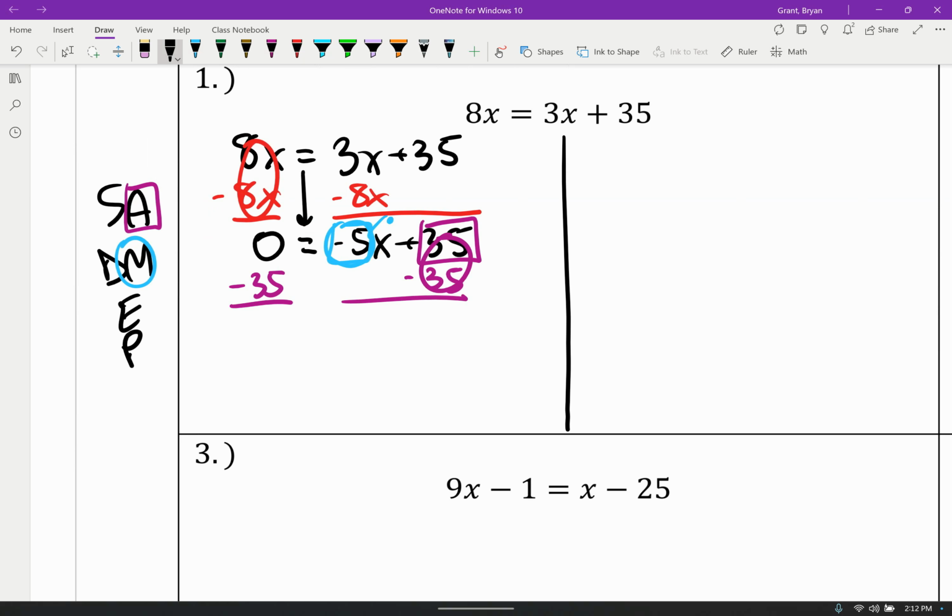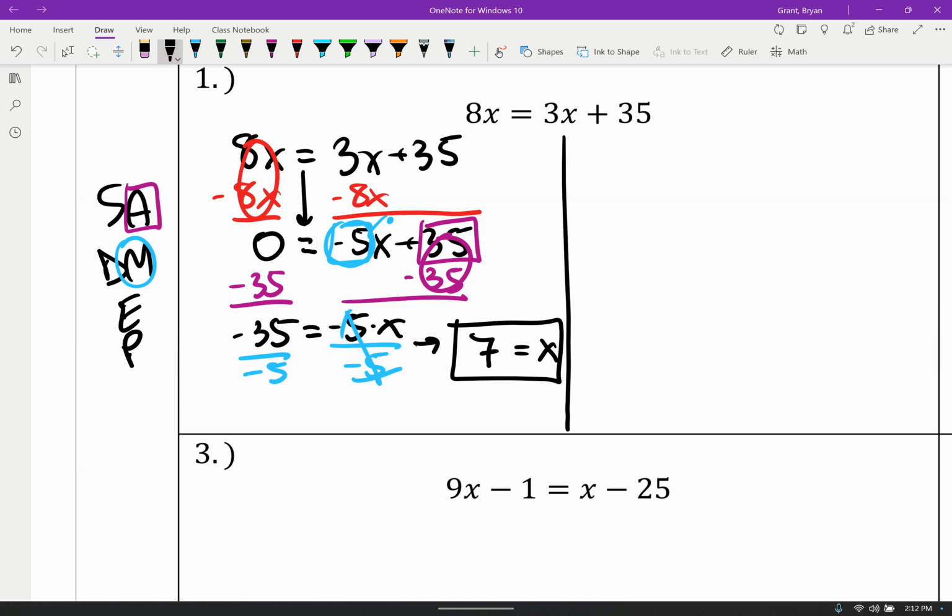This gives us negative 35 equals negative 5 times x. And finishing it off, we divide, so same sign, by negative 5. Anything divided by itself is 1. I run out of room. X is on the right, equals in the middle. Negative by a negative is a positive. 35 divided by 5 is 7.